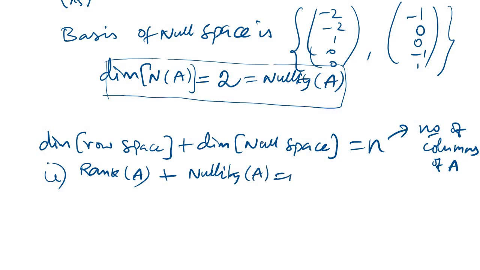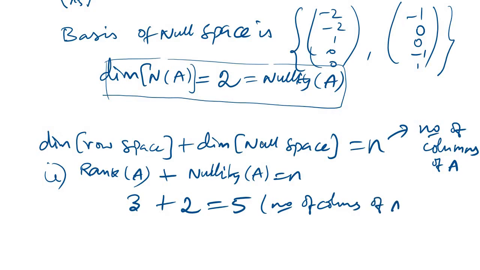And rank of A is 3, nullity of A is 2, equal to 5. That 5 is nothing but the number of columns of A. So hence we prove this theorem also. In this video we have found null space, row space and column space.